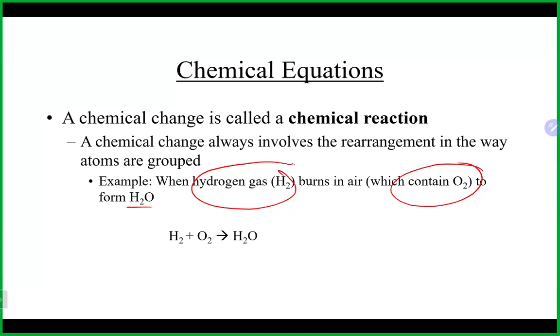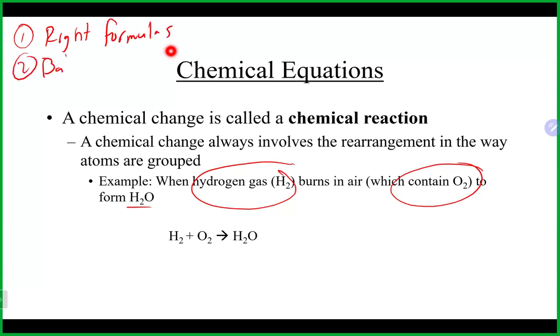We do want to always make sure when you have an equation that you start with the correct formulas. And that's a very common mistake that people make, especially if they're given things in words, or if they're given just the reactants and have to predict the products. You always want to do it in this order. You want to get the right formulas, and then you want to balance.